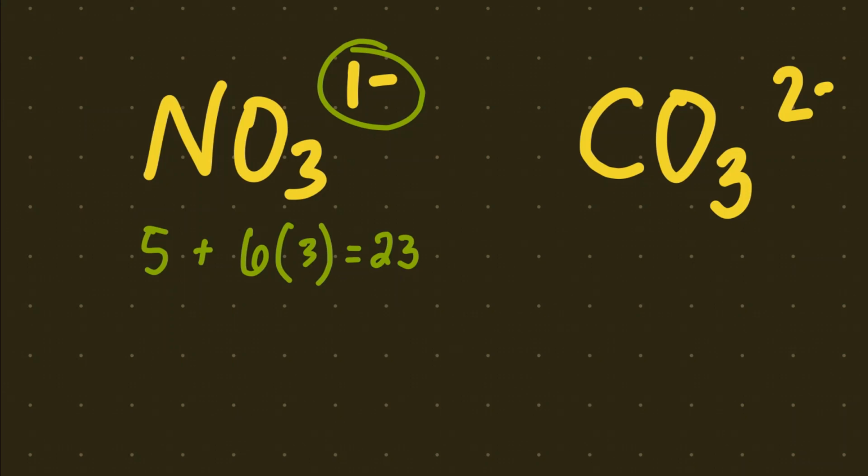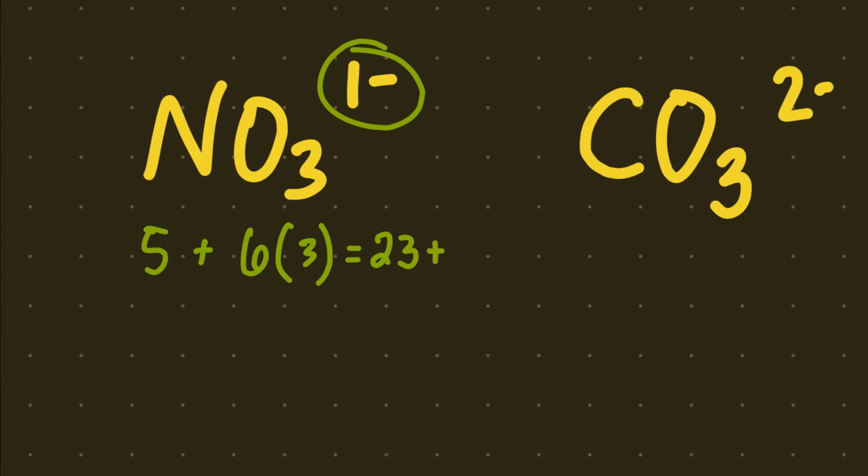But if this is telling us that we have a negative charge on this molecule, it must mean that we have more electrons than protons. These numbers are based on atoms of nitrogen, atoms of oxygen. But if we have a negative charge, we must have an extra electron in there. That's where that negative charge is coming from, I guess.